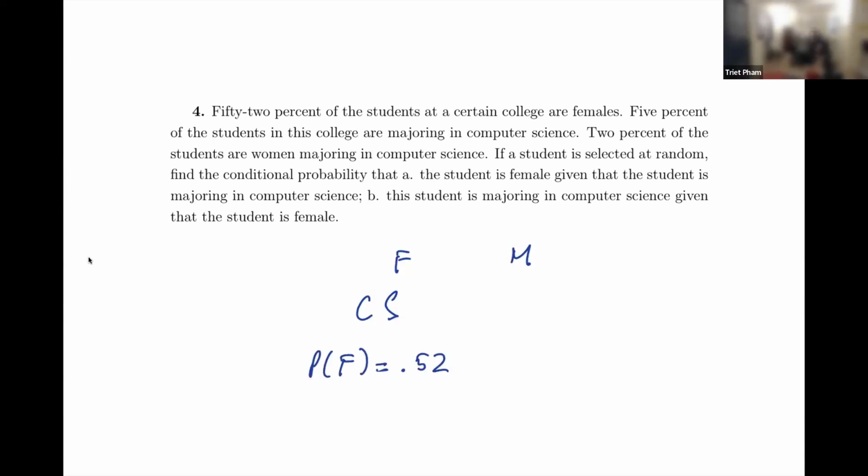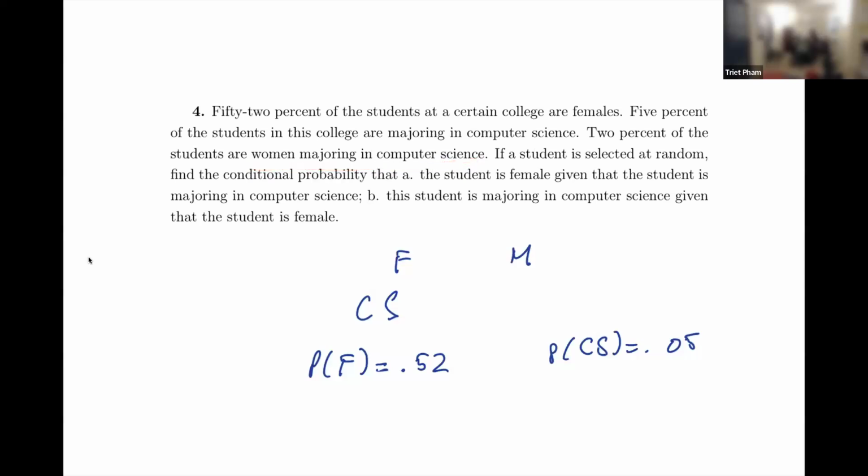I think that statement is straightforward. 5% are majoring in computer science, so P of CS is 0.05. That's also straightforward. Then what? 2% are women majoring in computer science.